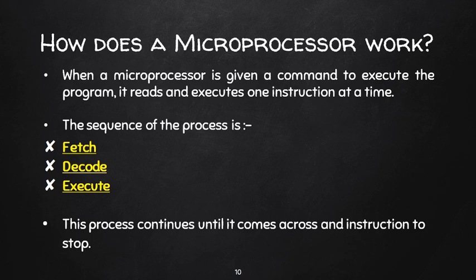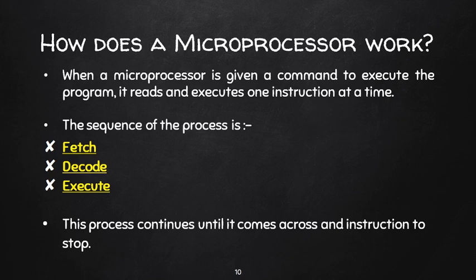Moving to the next slide, how does a microprocessor work? The working of a microprocessor involves three major steps. First is fetching, second is decoding and third is executing. Before we learn these three steps, we should know where the program is stored. We have already covered memory.